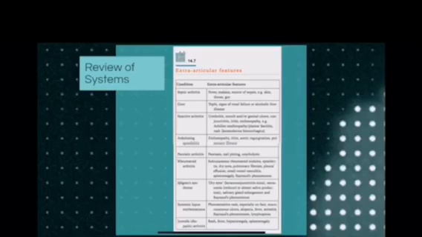Serositis, so I mentioned the pericardial effusion, but any serous tissue, say the peritoneum in the abdomen, the pericardium, the pleural lining, can all be affected with inflammation and give you effusion and pain. And the key to treating those is treating the underlying disease.